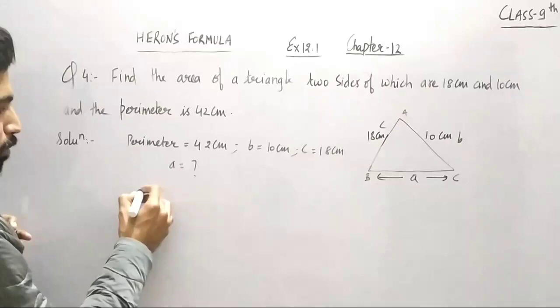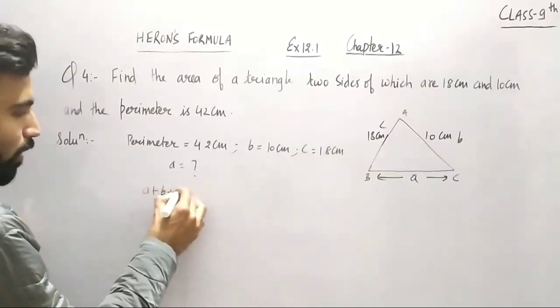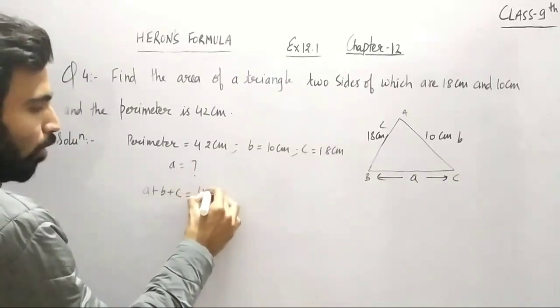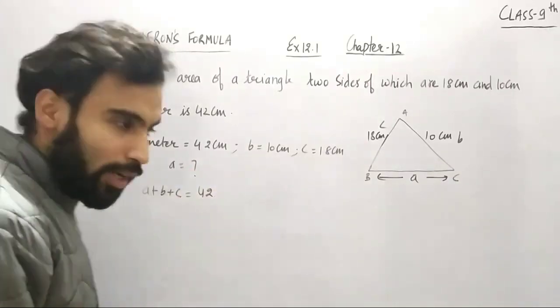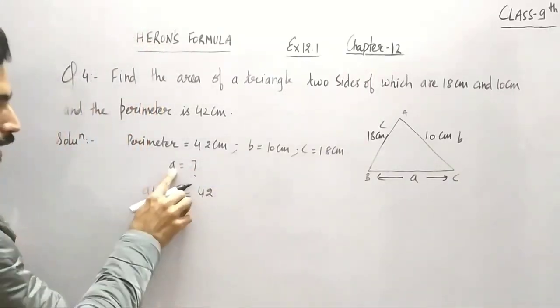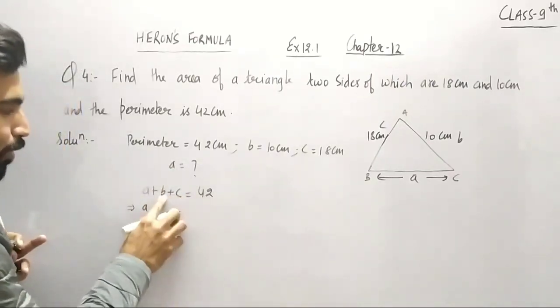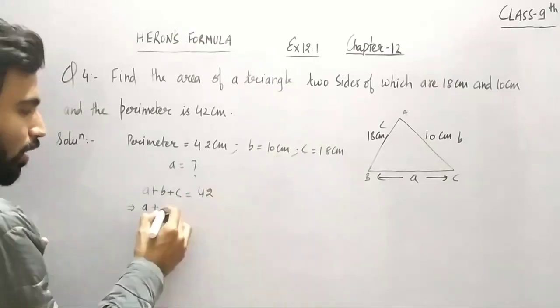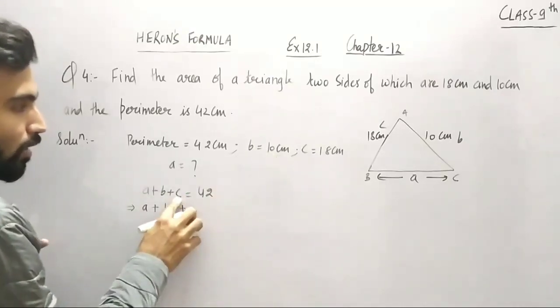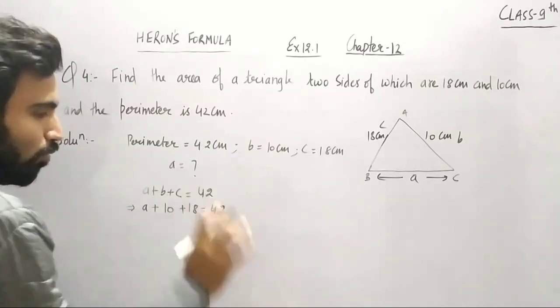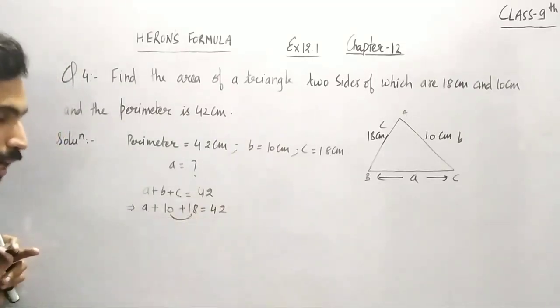So let me just add them. So perimeter क्या होता है? A plus B plus C. आप देख सकते हैं तीनों sides का sum equal to perimeter, हमें already given है, that is 42 centimeter, right? Now बात करते हैं A की, तो हमें A find out करना है. So keep it as it is. Then B की बात करूं, so यहाँ पे B कितना है? 10 सेंटीमीटर प्लस C, यहाँ पे कितना है? 18 इक्वल टू 42.